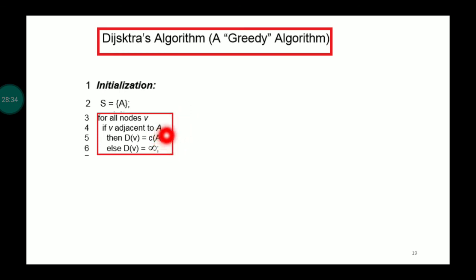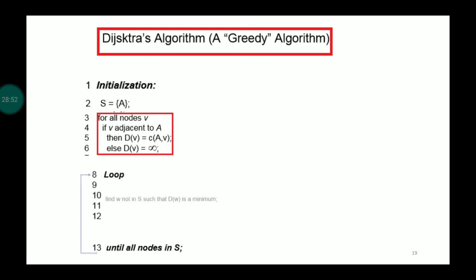Just look at it: if V is adjacent to it, that means it's the direct neighbor, otherwise it's an indirect neighbor. For all of them, the cost is calculated and stored in a vector.